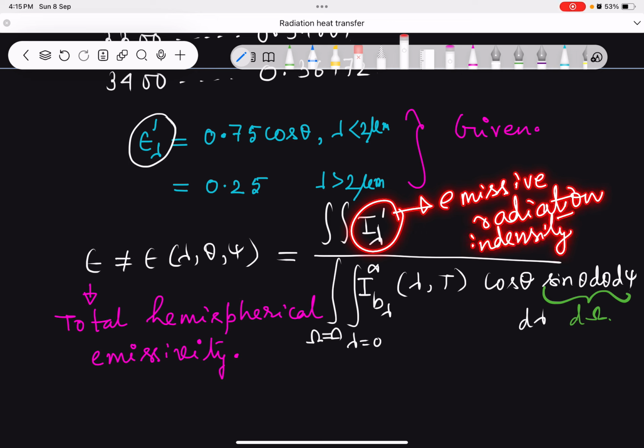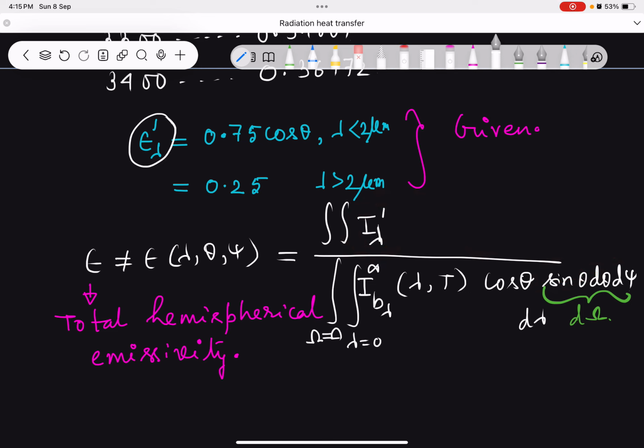So this is the radiation energy contained by a radiation ray which is emitted by that surface at that particular temperature. So emissive radiation intensity of that surface. Clear? So now this is a function of lambda, T, theta and psi.